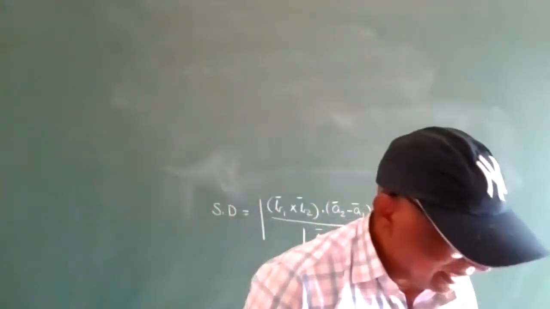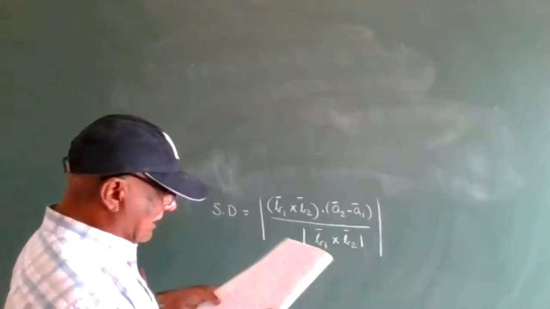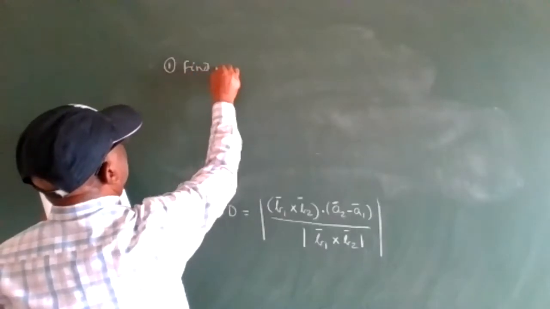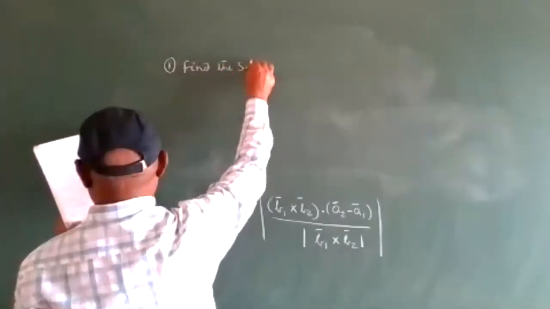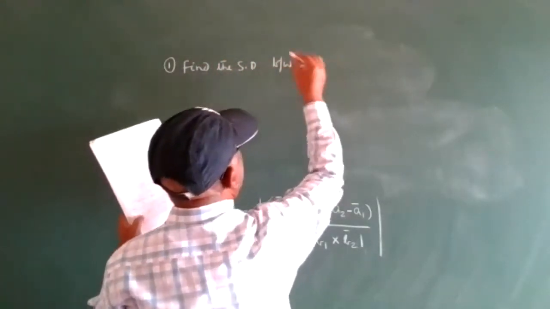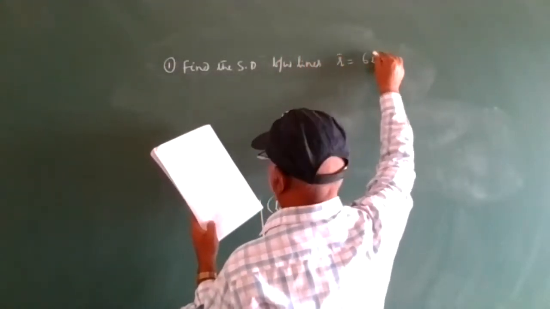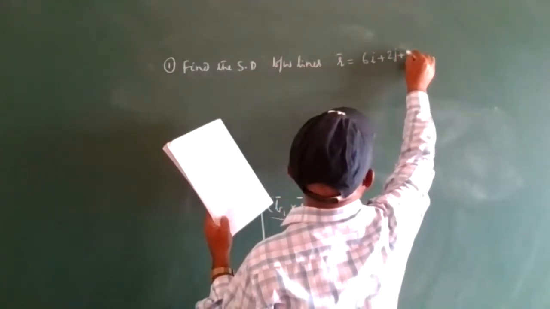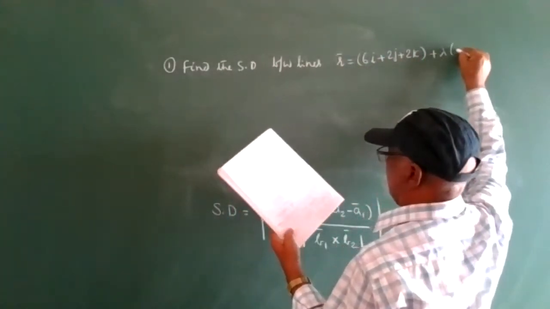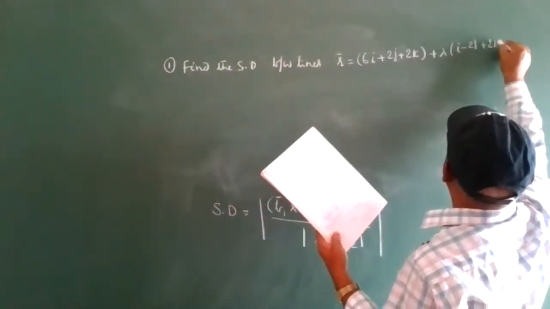Everyone write down the problem. First problem: find the shortest distance between the lines. The line equation in vector form is given: R bar equals 6i plus 2j plus 2k plus lambda into (i minus 2j plus 2k).